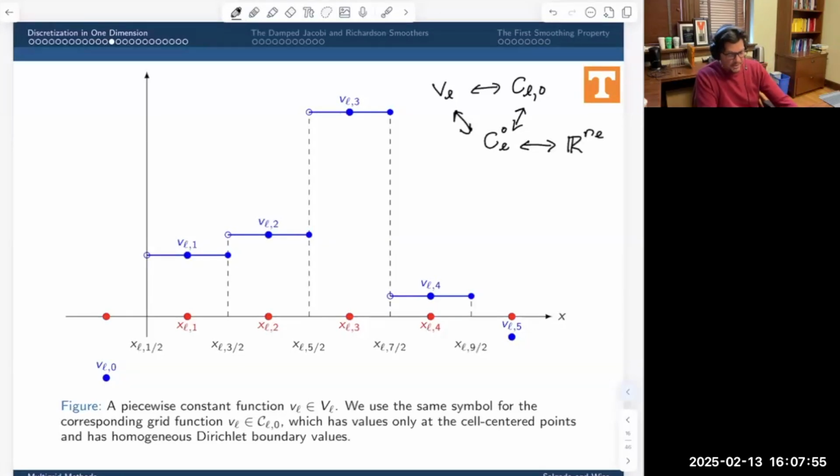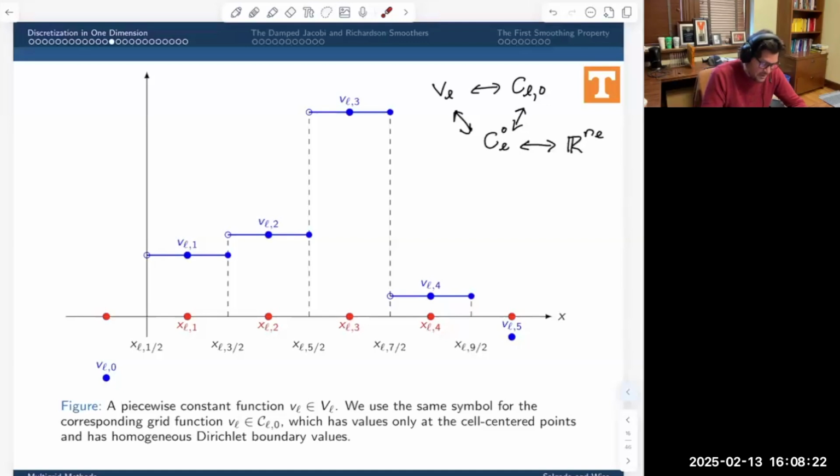So they're all isometrically isomorphic to this very simple space, or at least isometric. I think isomorphism means that you also have some kind of norm equivalence as well. In any case, they're all related to this very simple Euclidean space R^NL.